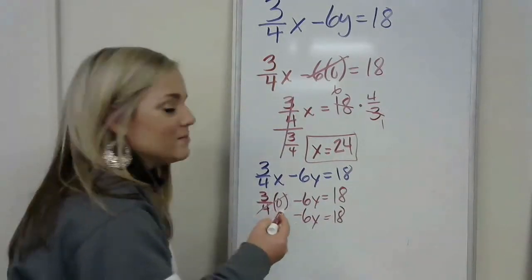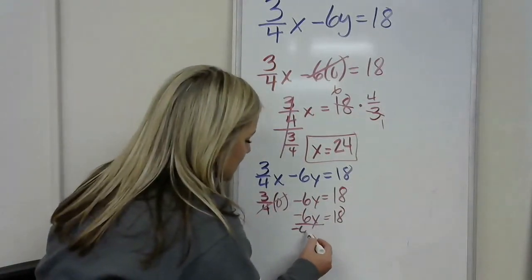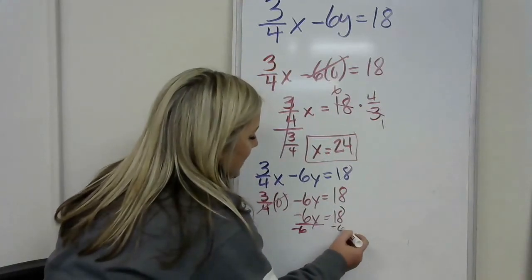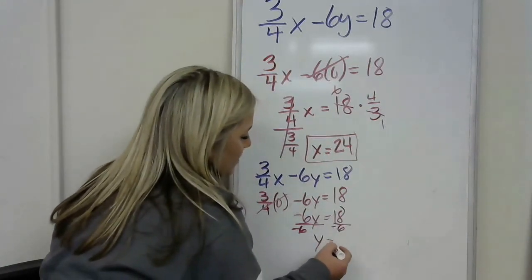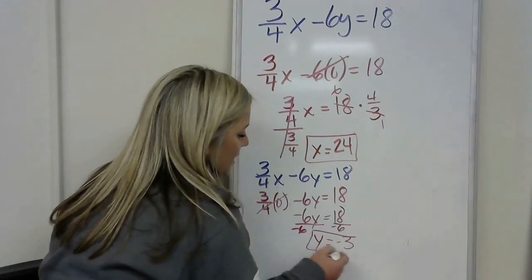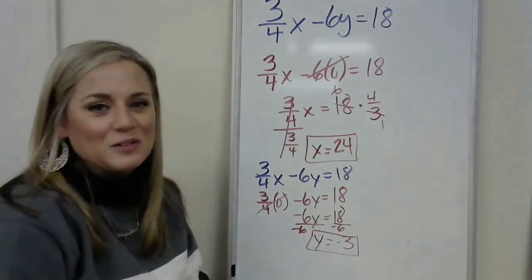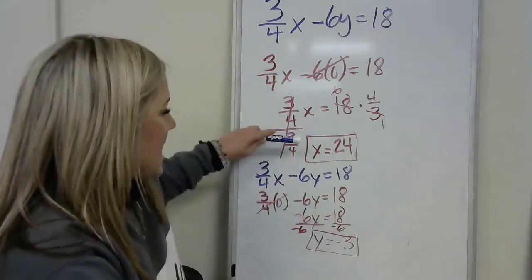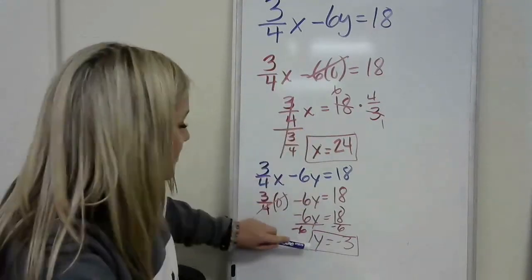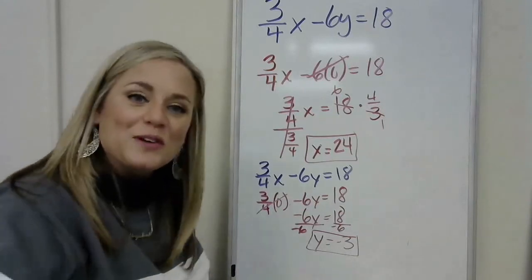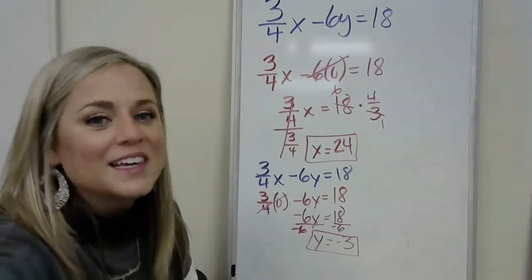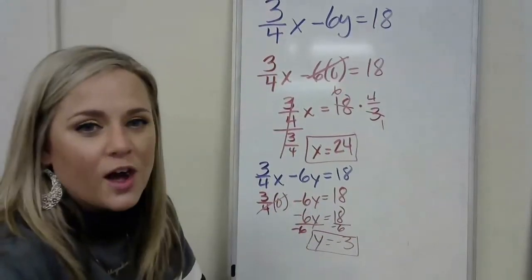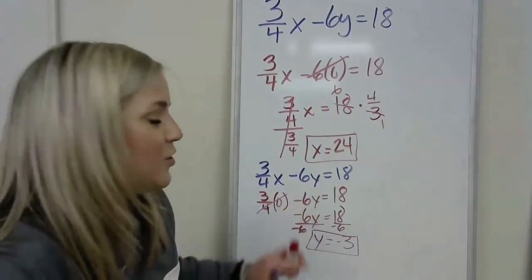Now I've got to divide by negative 6 on both sides, and y would equal negative 3. Did that show? I thought I was running out of camera room. So y equals negative 3. The x-intercept would be 24 and the y-intercept is negative 3. If you didn't get it right, let me know. We need to talk and maybe do another example. If you got it right, good job.